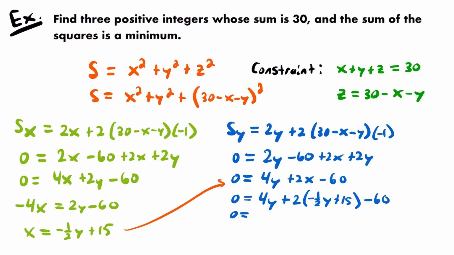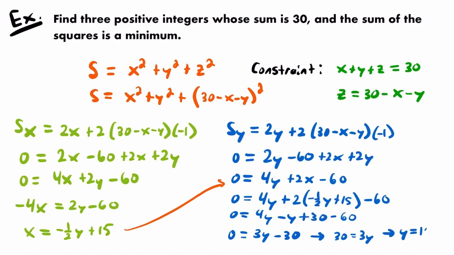And then simplifying, we'll have 4y minus y plus 30 minus 60. Now 4y minus y is 3y, and 30 minus 60 is negative 30. So 0 is equal to 3y minus 30. And so then adding 30 to both sides, you get 30 is equal to 3y, and then dividing both sides by 3, you find that y is equal to 10.